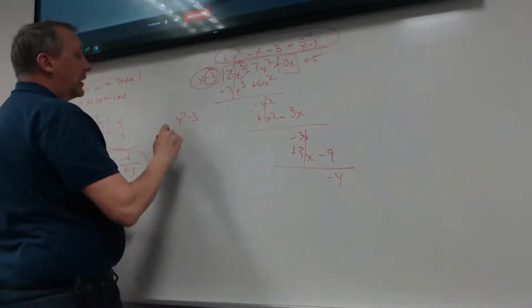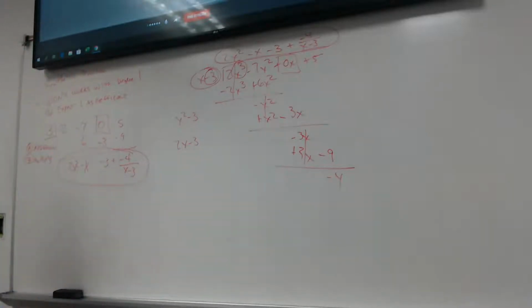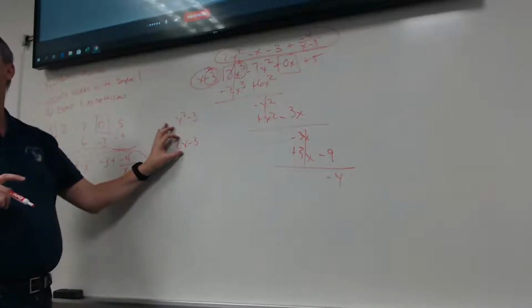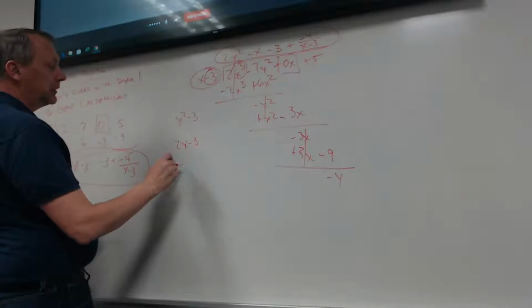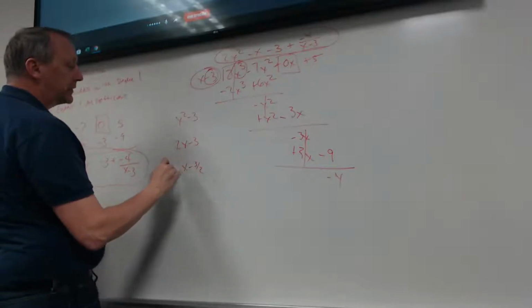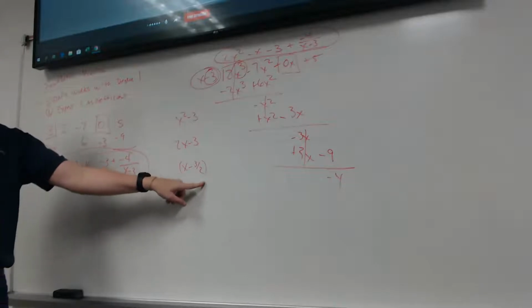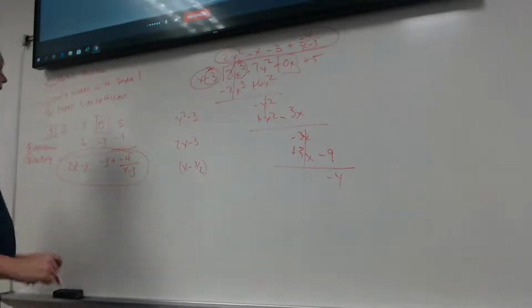What if I had 2x minus 3? Can I do it? You can, but you have to get a 1 here. I could redo this as x minus 3 halves, basically factoring a 2 out of both. And so, yes, you could do that.